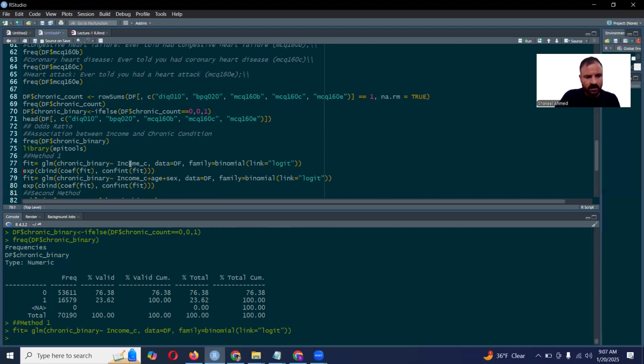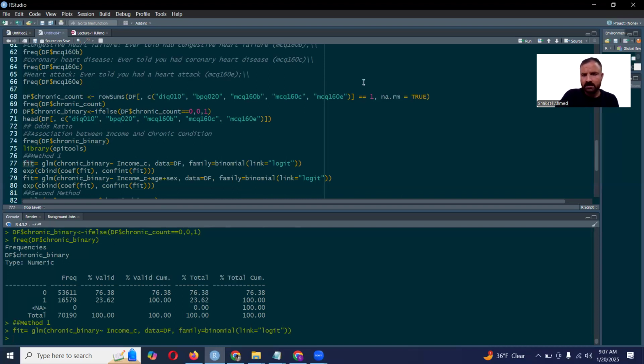So you can just run a generalized linear model with family binomial and with logit. It means we are running a logistic regression, and after that we will get the coefficients and the confidence interval for the generalized linear model.